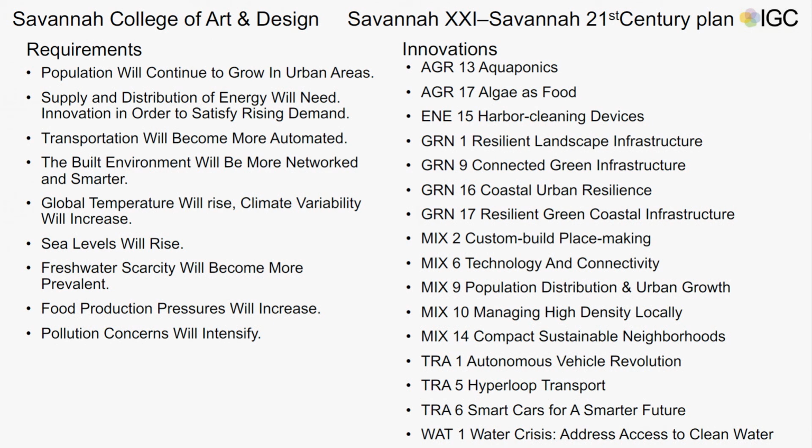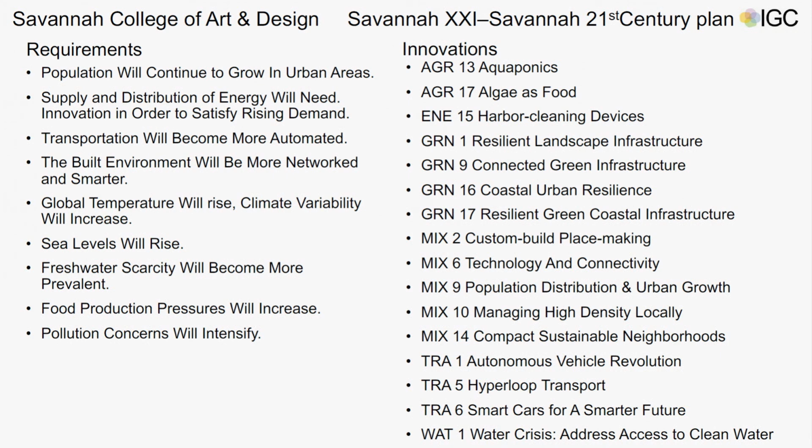So we realized that the population was going to continue to grow. There was a supply and distribution of energy that was needed. The built environment will be more networked and should be smarter. Sea level rise was an issue. Food production and pressure, and we had pollution concerns because of a lot of cars in the city.